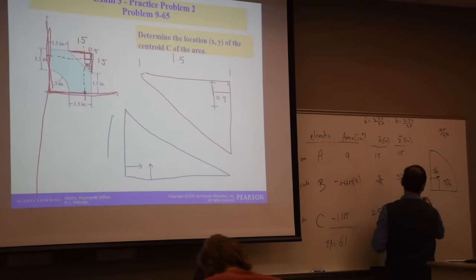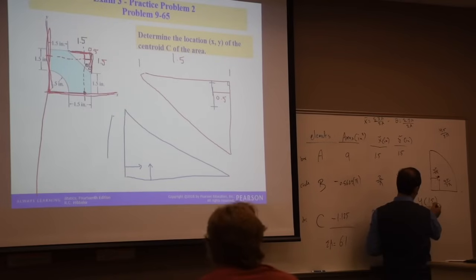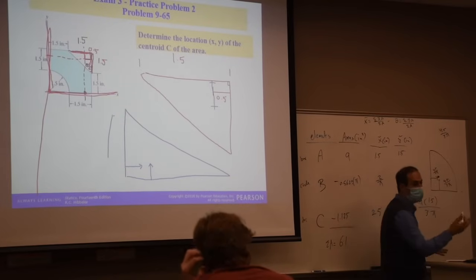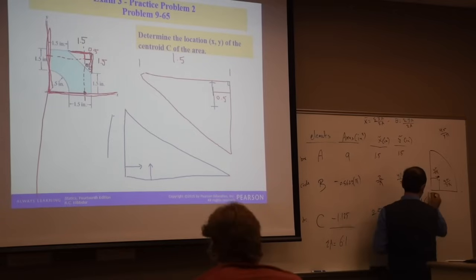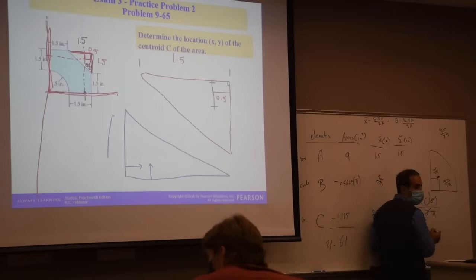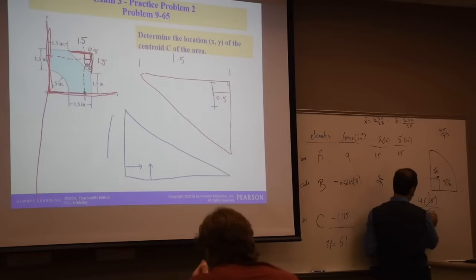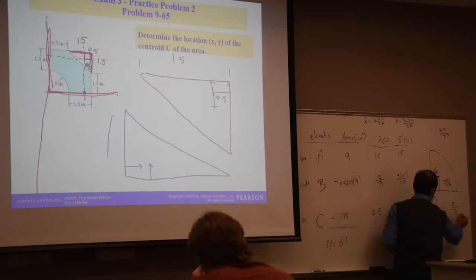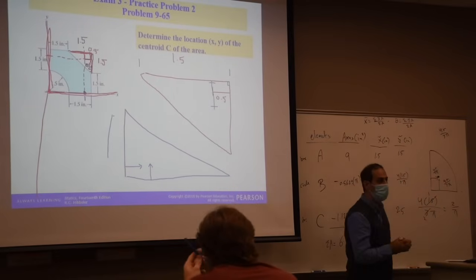So if I have 4, what is my r? 1.5, correct? And 3 pi. Now, if I want to divide these, 1.5 multiplied by 2 is 3. So I can make this 1, and that's 2, and then 4 over 2, that's 2 over pi. Yeah, so this is a rule.